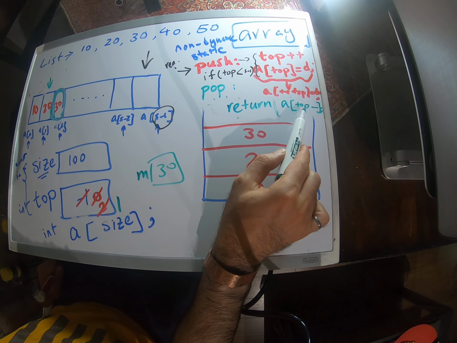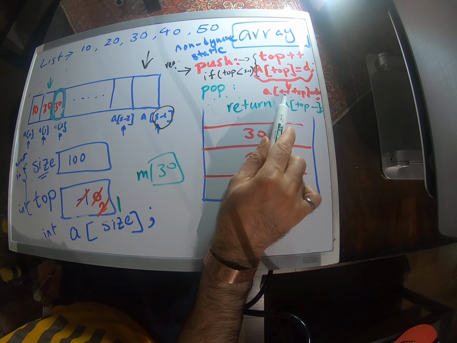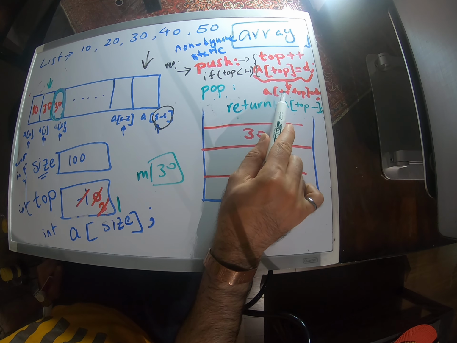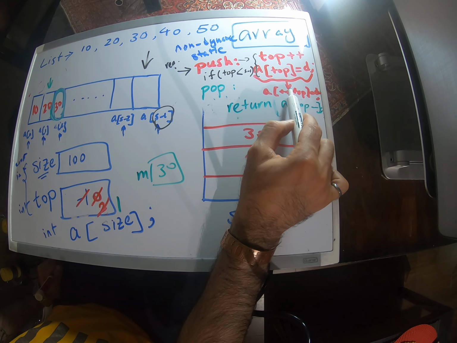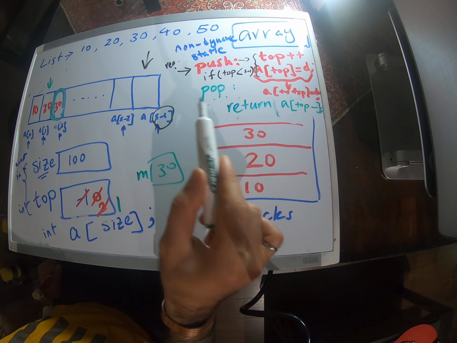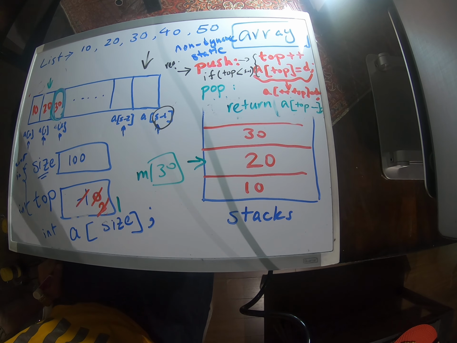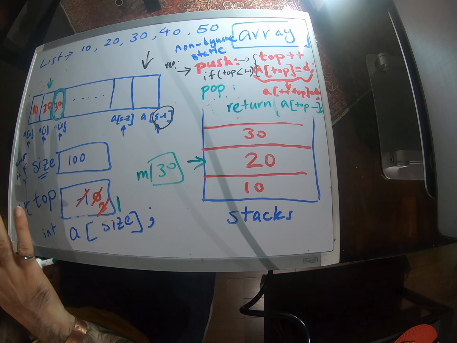It means that we want to return a top, then decrease top, right? In this case, we want to increase top first, then put value d into a top. So this is pre-increment, this is post decrement. So if that happens, we're changing the top value into this index. So this is as simple as that.